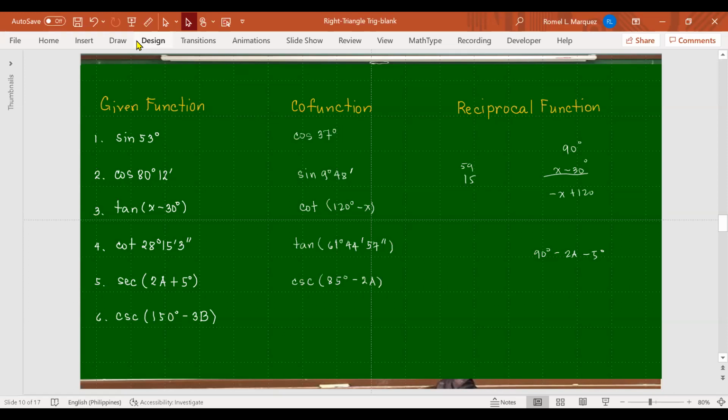What about cosecant? Secant. And that is 90 degrees minus 150 degrees plus 3b. That is 3b minus 60. Is it 60? Yes po. Okay, so that's it. Get it, guys? Yes, sir.